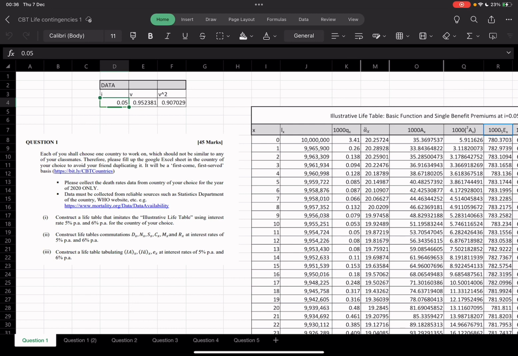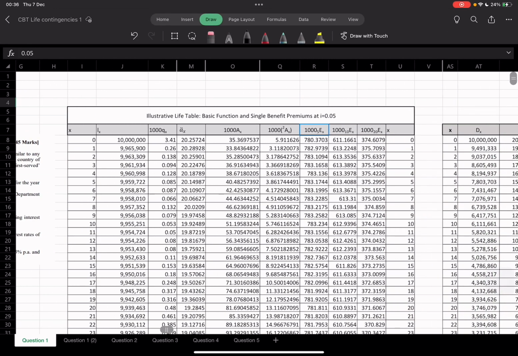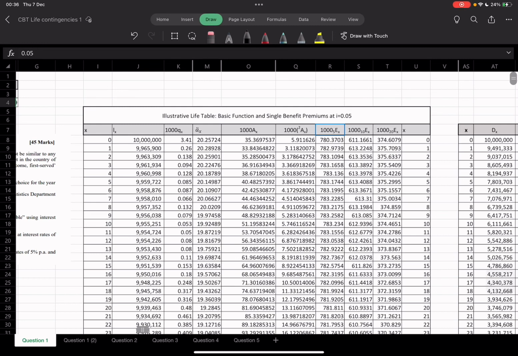We will first start from the interest rate of 5%. We can see that from the table I created, we have the x, which is the age. This is the number of population who is alive.